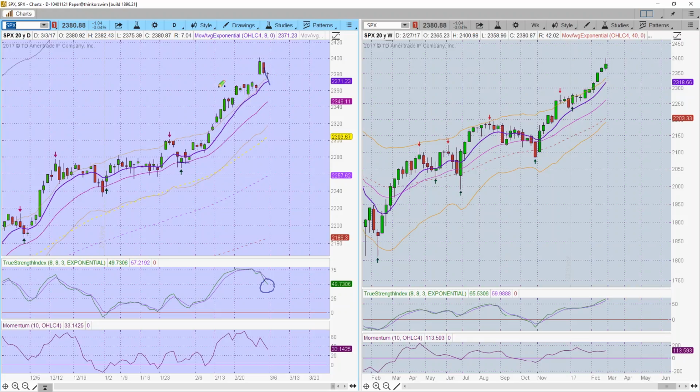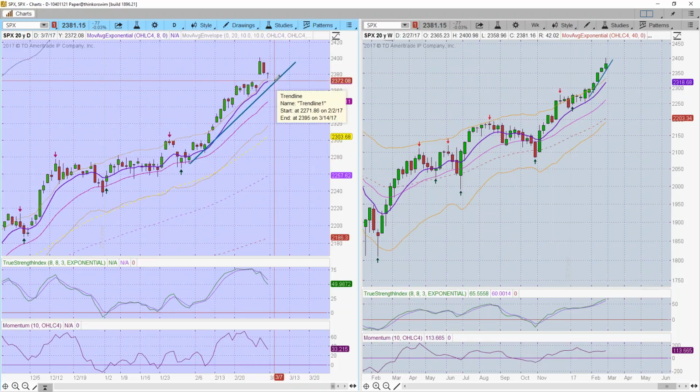We'll keep our eye on this. The slope of this line has accelerated to the upside, so you can draw a trend line in here, just about like this, and say, okay, as long as that trend line is in place, then this rapid rise trend will remain in effect.